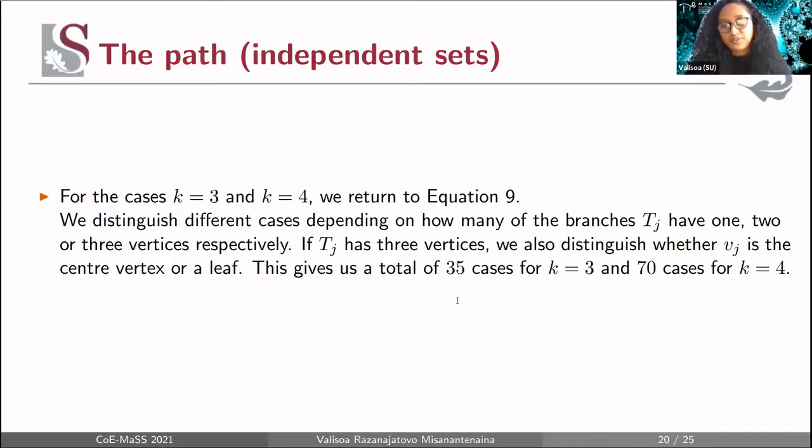Even with 3 vertices, we have a choice: do we attach the center or do we attach one leaf? This gives us a total of 35 cases for k equal to 3 and 70 cases for k equal to 4. But we checked all the cases and they satisfied our inequality.